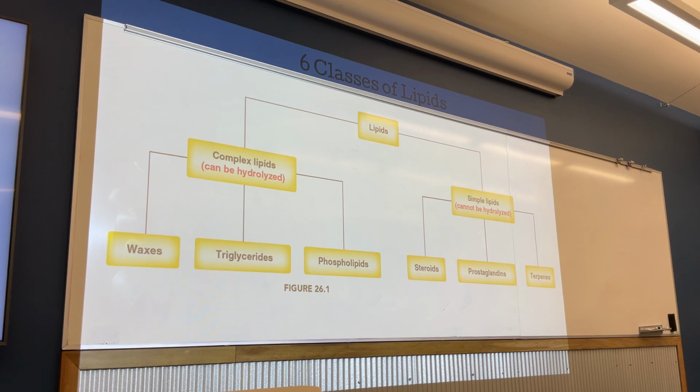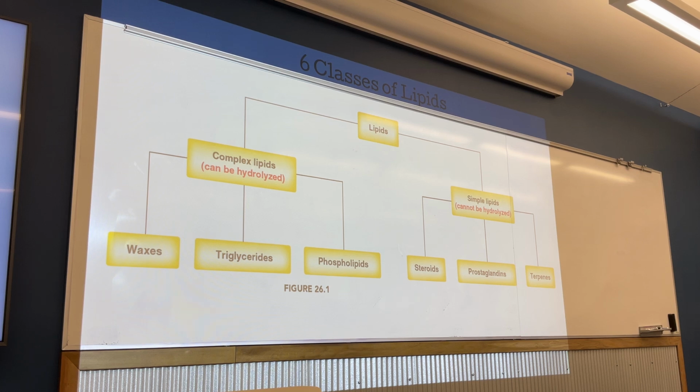Waxes are essentially made by joining together an alcohol and a carboxylic acid. Triglycerides use a glycerol molecule, so an alcohol, attaching 3 fatty acids to that alcohol. And then a phospholipid is very similar to a triglyceride.